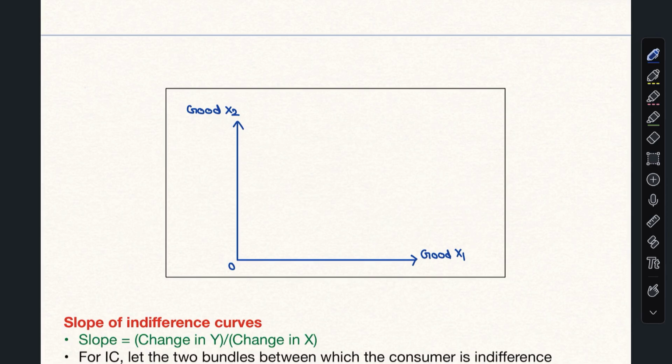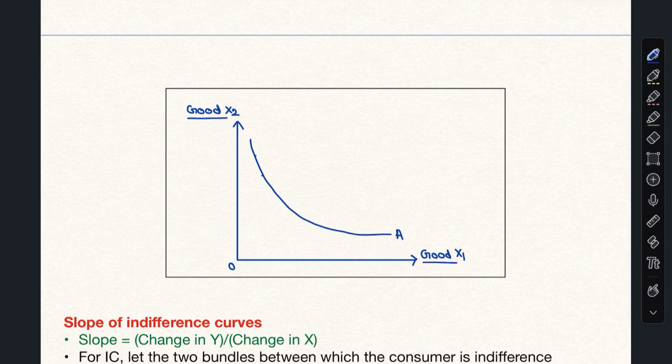We are assuming that a consumer is consuming two goods, good X1 and good X2. Indifference curve A is a downward sloping curve and it's convex in nature. A consumer would be indifferent between any points on this curve.